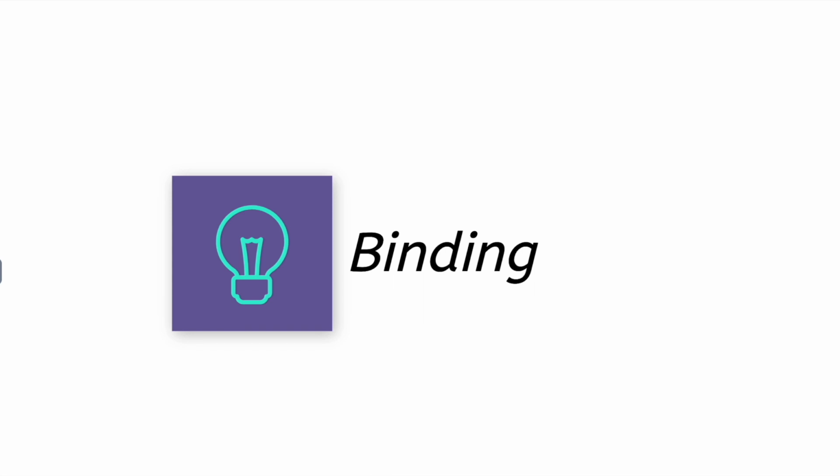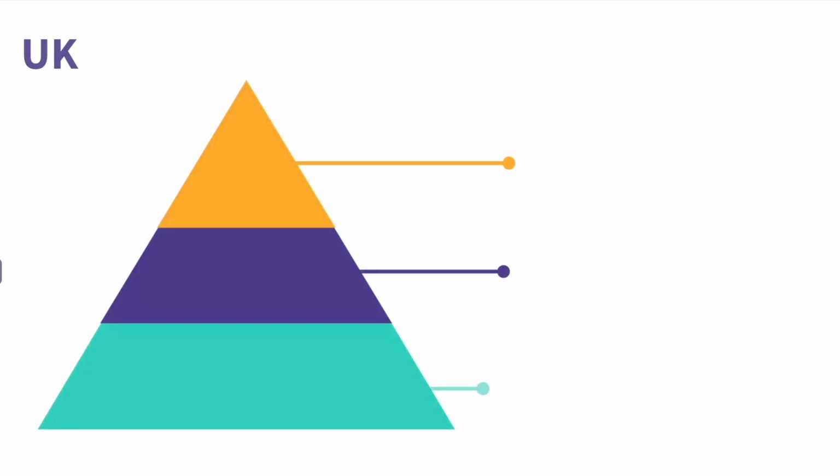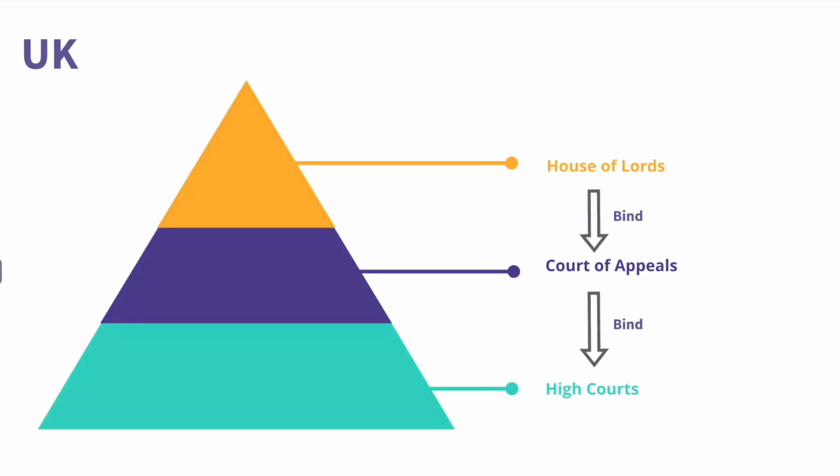So let's take a look at an example of a legal system which is located in the UK. Today, decisions of the High Court, which are somewhat comparable to trial courts in the United States, do not bind any other courts, but serve merely as persuasive authority for other high courts and inferior courts.